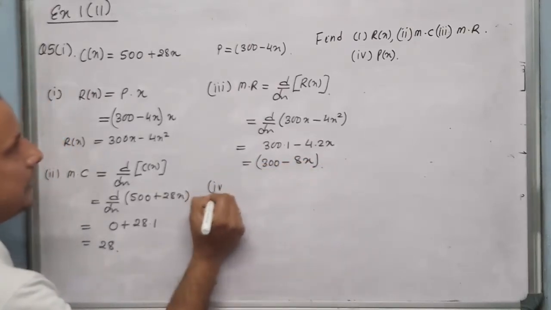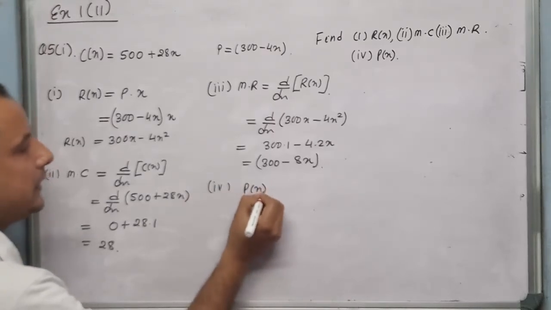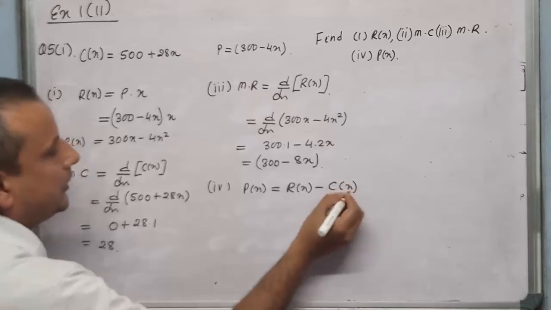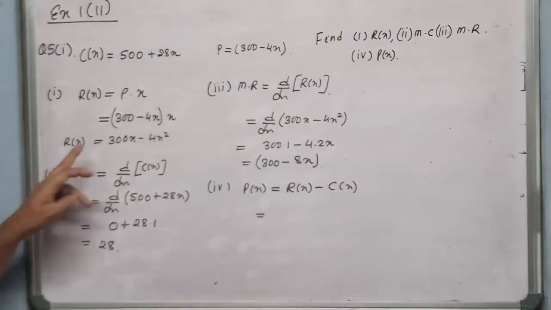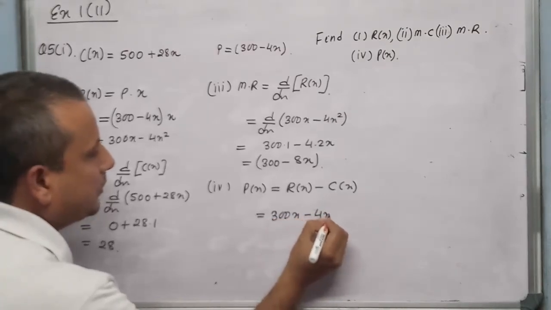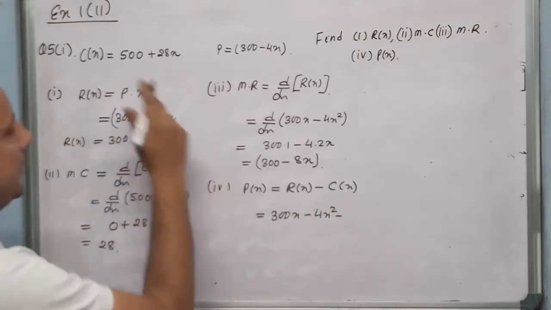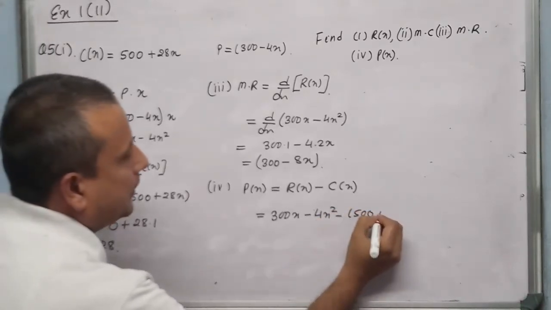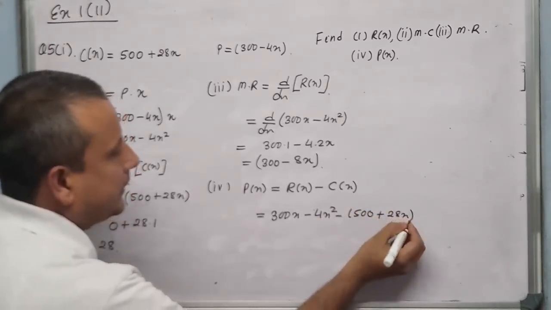Now the last one is the profit function. The profit is given by revenue minus cost. Our revenue is 300x minus 4x square, minus the cost function 500 plus 28x.